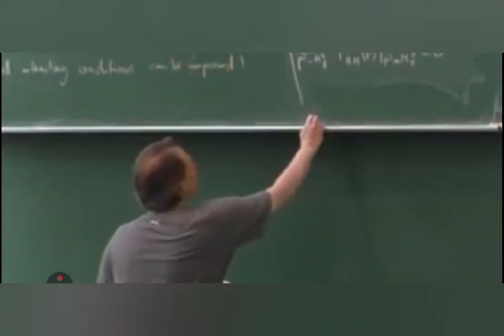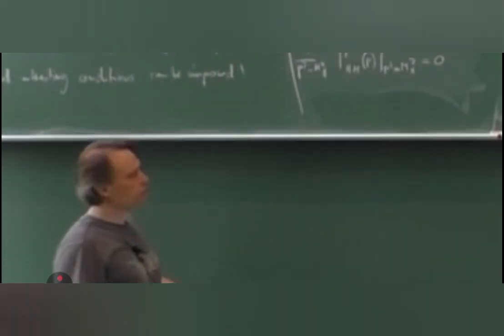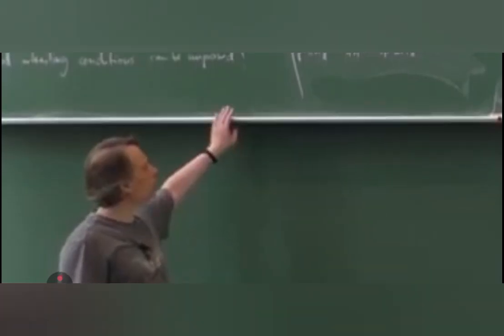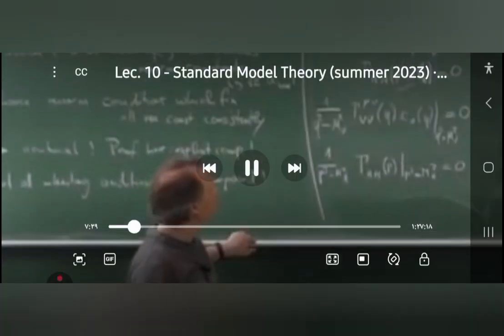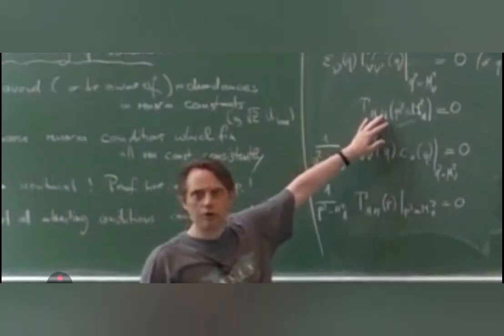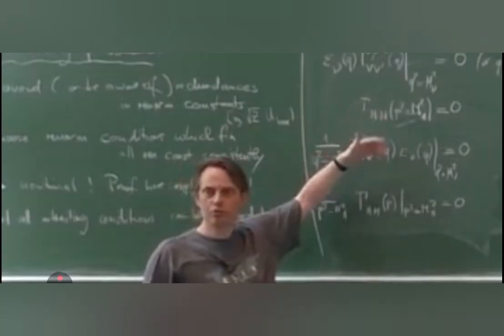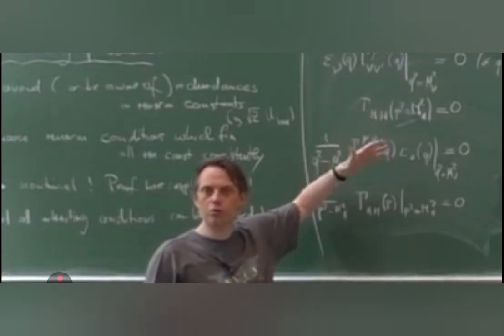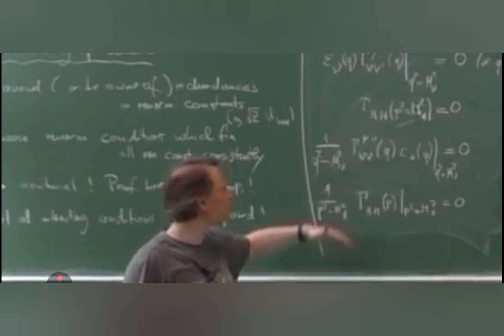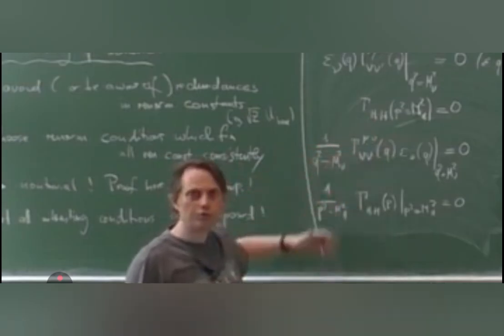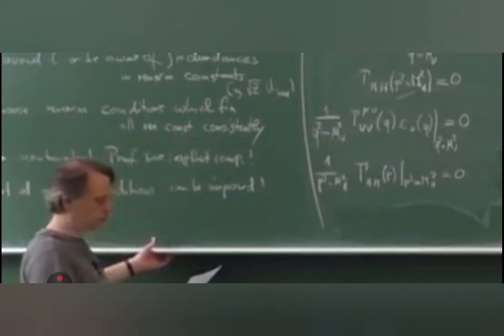So these are direct generalizations of the corresponding conditions for QED. There are conditions which fix the location of the zero of the two-point function, which is equivalent to fixing the pole of the propagator and therefore the physical mass, and some other conditions on the residue of the propagator.